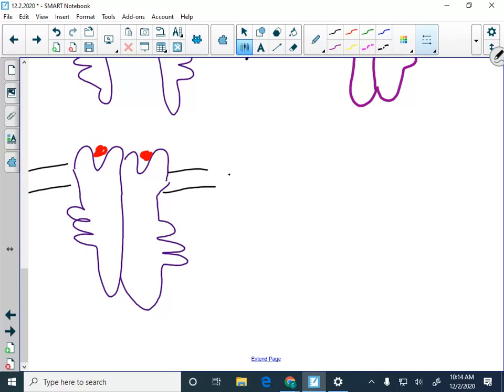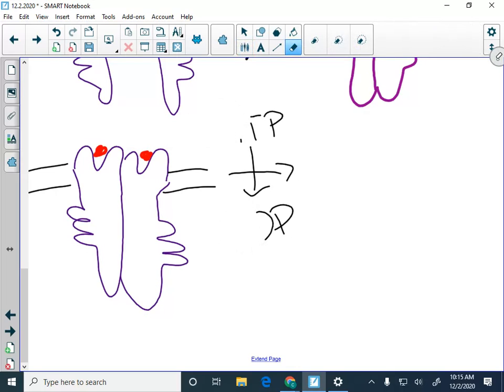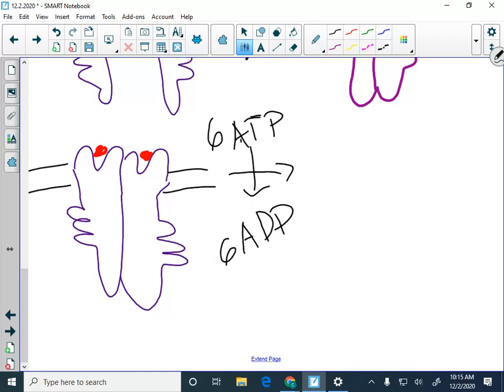And what happens is that we will get 6 ATP molecules and get 6 ADP molecules. I read my 6's as G's. So we're going to hydrolyze our ATP molecules. We're going to take those phosphates off.